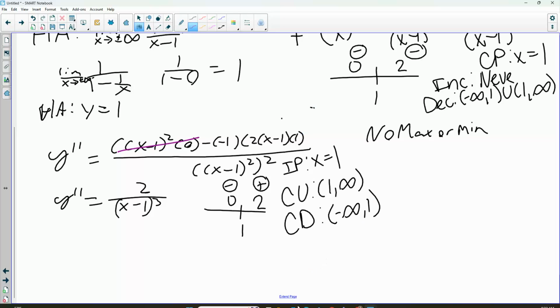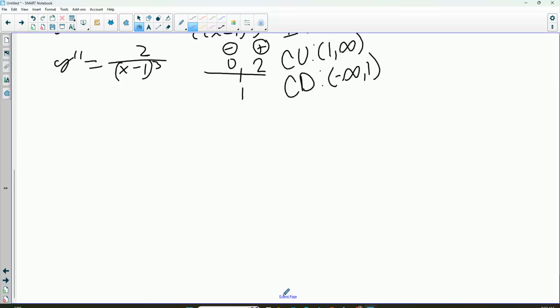Can we get an actual ordered pair for the inflection point? Oh, yeah. Or wait, no. No, because it happens at the asymptote this time.